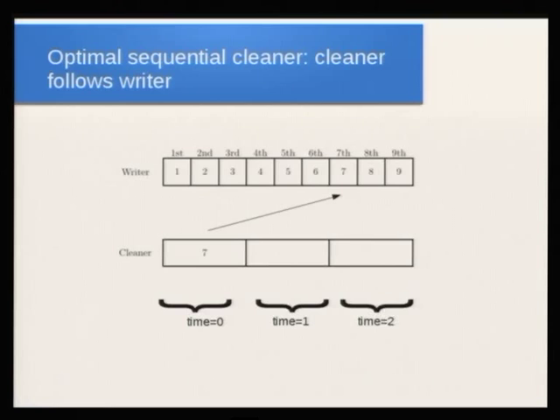And why is that? It's because for the sequential writer, the optimal pattern to clean pages is to be just behind. So if you write a page on the next time unit, you have to clean that page. And the sequential cleaner will take some time to get in sync with that.